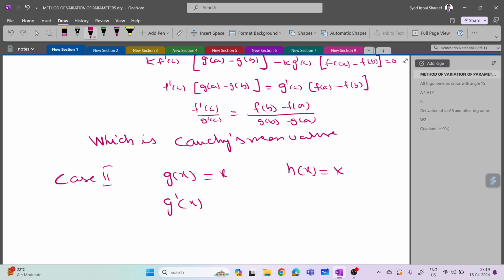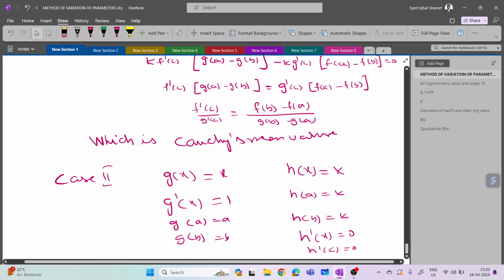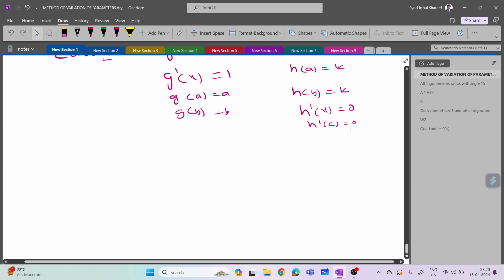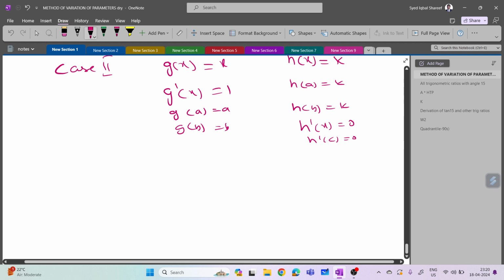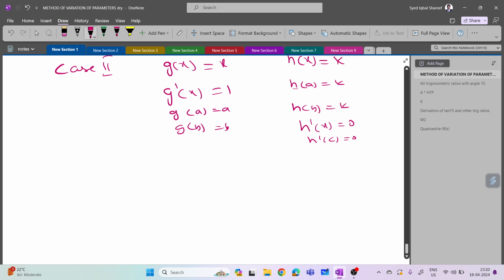So g dash x equals 1, g of a is a, g of b is b. h of a is k, h of b is also k, h dash x is 0, h dash c is also 0.